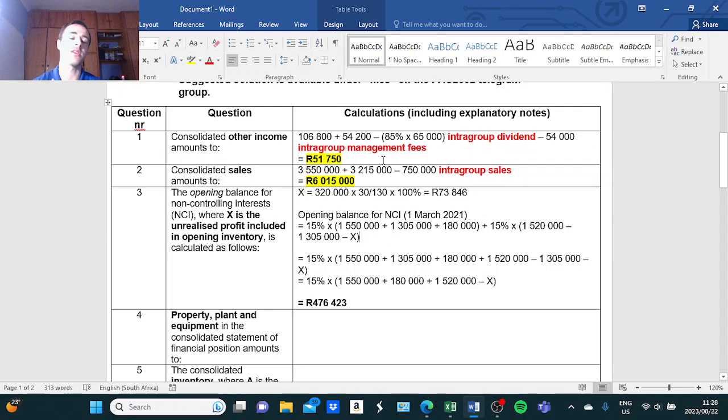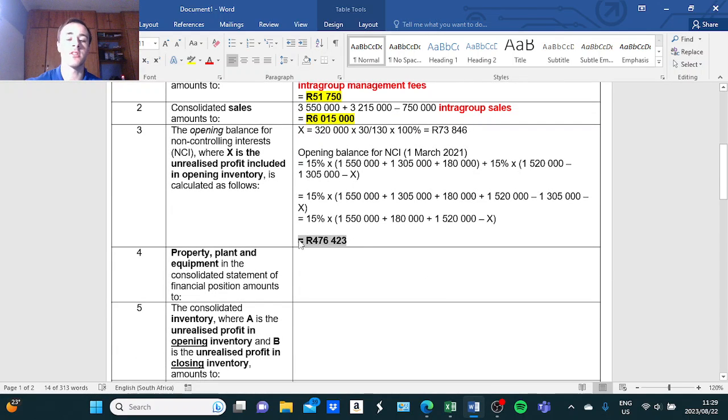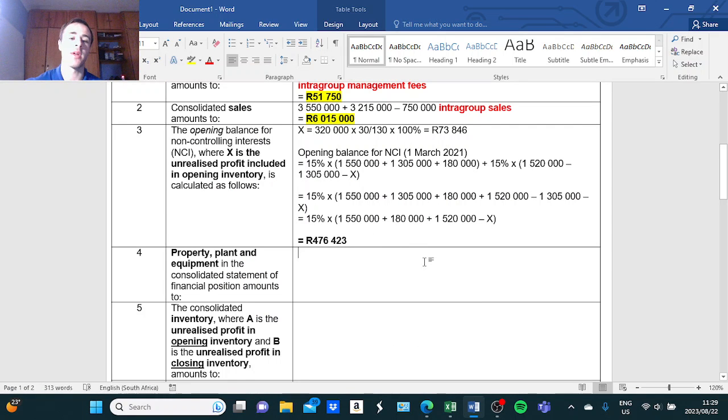Because according to our journal entry that I've explained in detail, the subsidiary's retained earnings was affected because the subsidiary made the unrealized profit that was included in opening inventory. Ryan Limited sold the inventory into group, and then we just calculated the NCI balance at the beginning of this year by using the formula, and we confirmed that this is correct based on our analysis of owner's equity calculation right here. 476,423 is the correct opening balance for NCI.